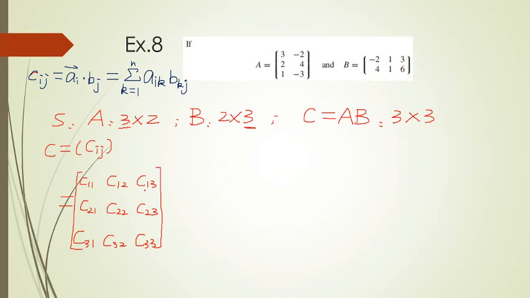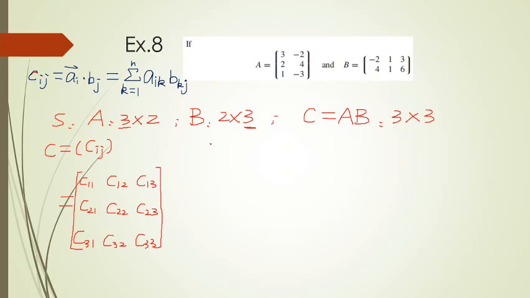And for the matrix multiplication, we need to calculate each entry in the matrix C, one by one. Okay, there is no shortcut. You need to calculate those 9 entries one by one.